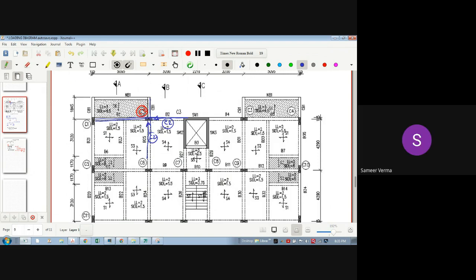But the columns above the column that we are talking about, C2, if any other column is above it, will it also transfer the load to C2? It depends on how you are arranging.